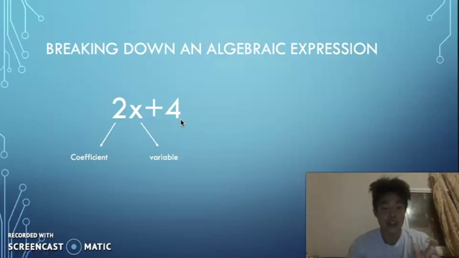If we had the same terms, for example 2x and another 4x, we have x's in both those terms, so we can combine them and put them together and simplify. We will go over this in the next part of the presentation.